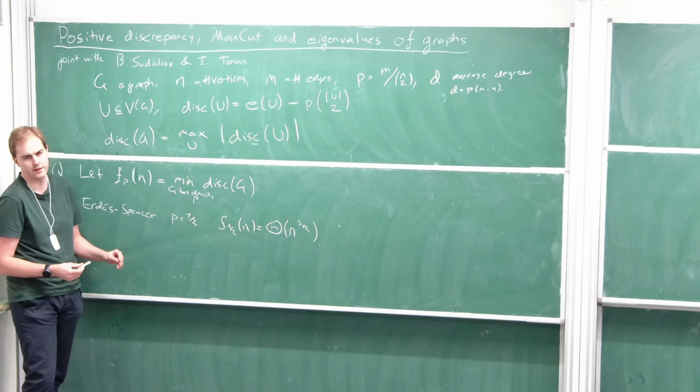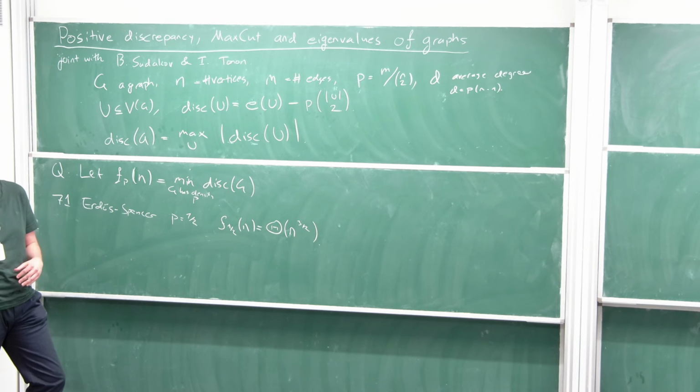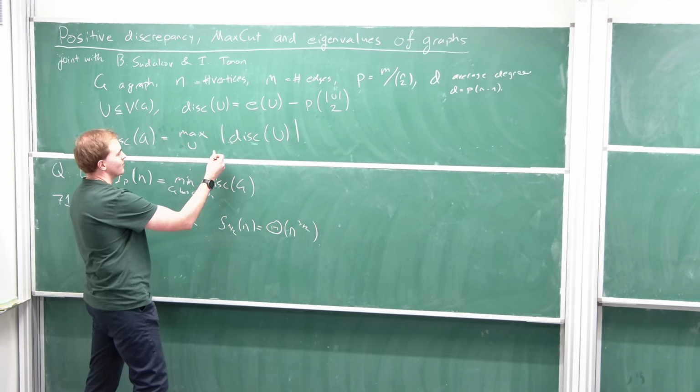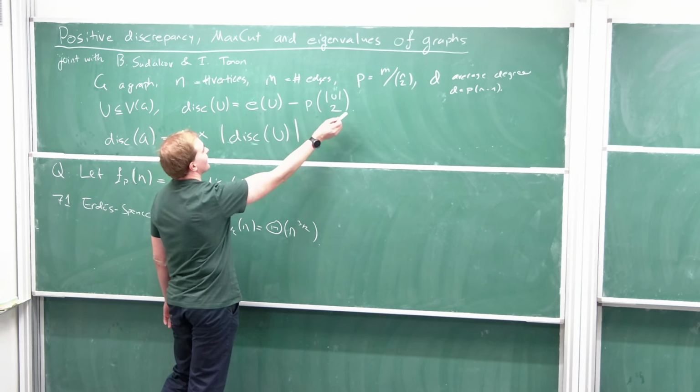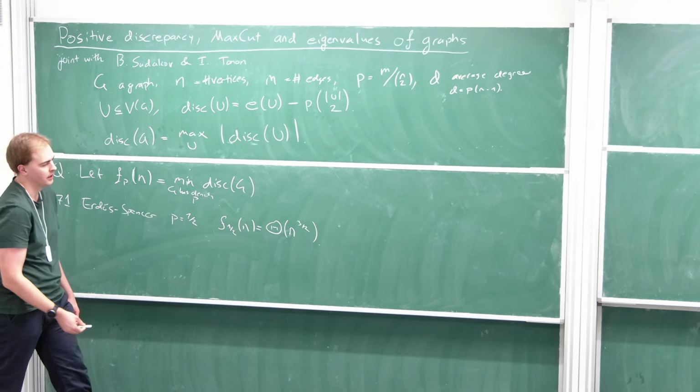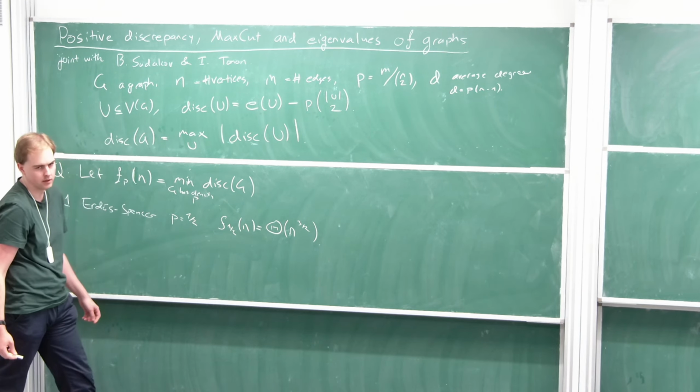The crucial bit here is to prove the lower bound. The upper bound follows by considering random graphs, because for random graphs the maximum and the minimum of this quantity are going to be n to the 3/2 with high probability.